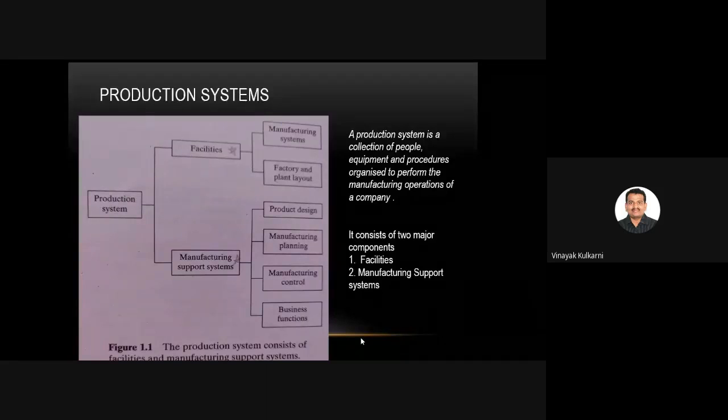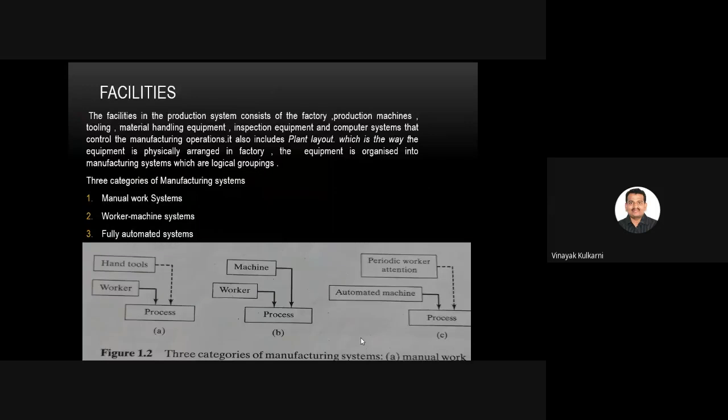There is an input from the person, who is going to input the part design on those CNC machines. You cannot say the CNC machine, I have automated everything, you start manufacturing. You are involved in it. The factory person is involved, and everyone is involved, right from product design, manufacturing planning, manufacturing control, and business functions. So next is the facilities.